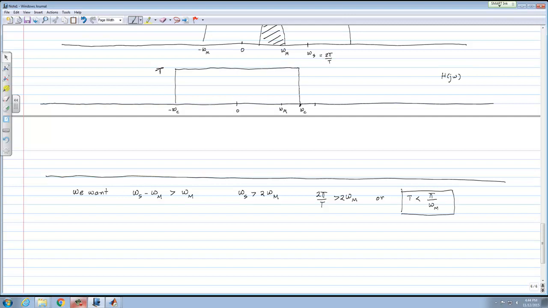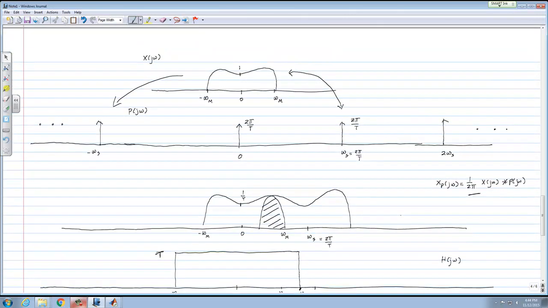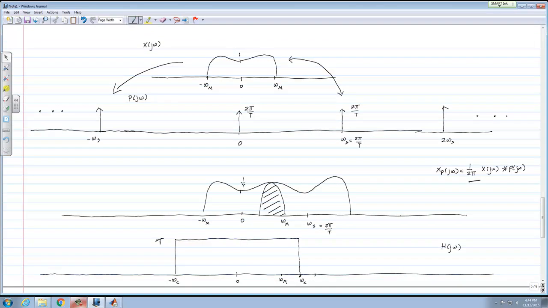Why not just take one sample at 0 and convolve it with that one? Be careful. I am not convolving with the time domain signal. Good question. What I am looking at here is what happens in the frequency domain for every operation that I am actually doing in the time domain.